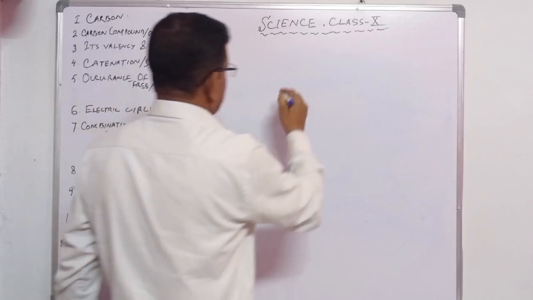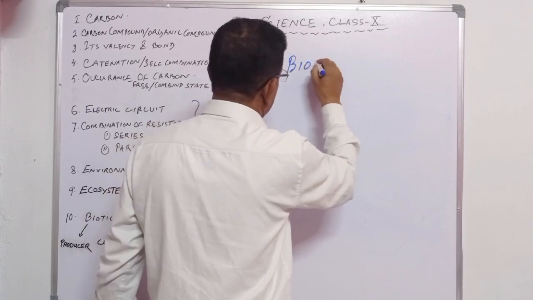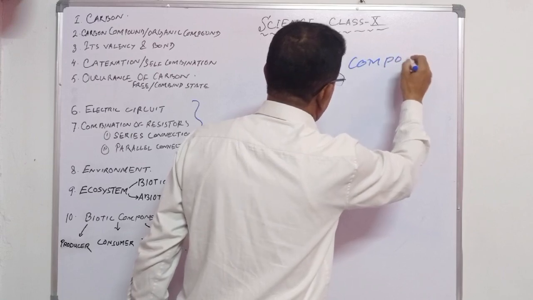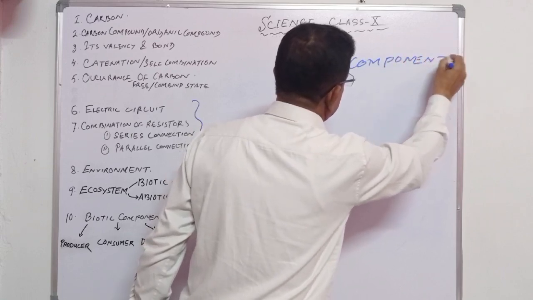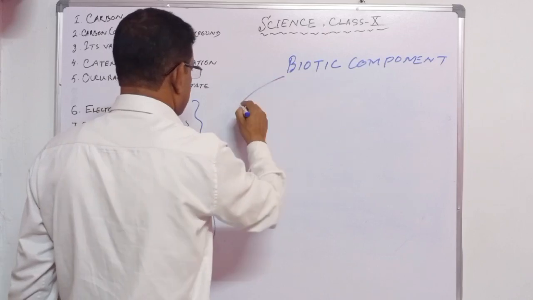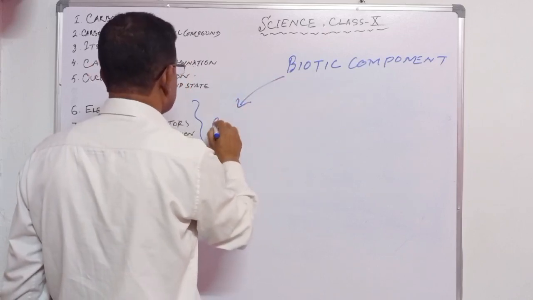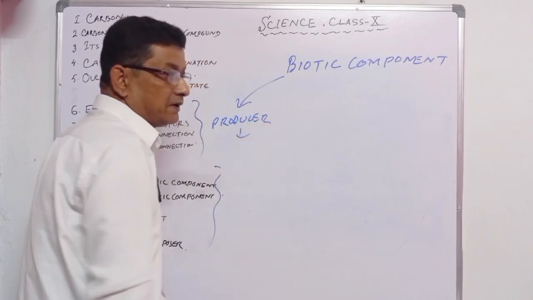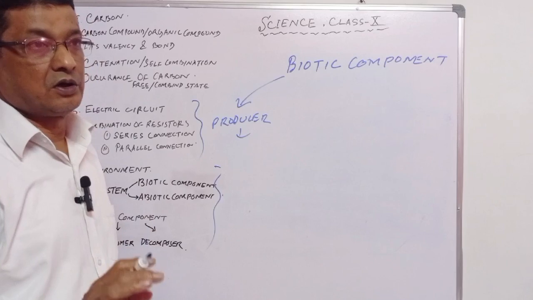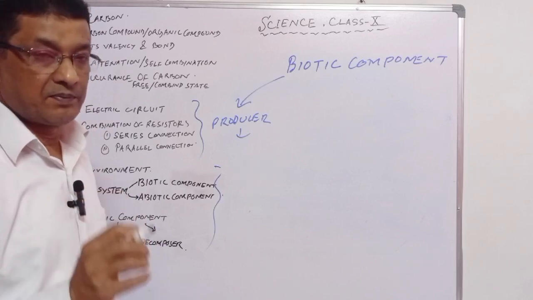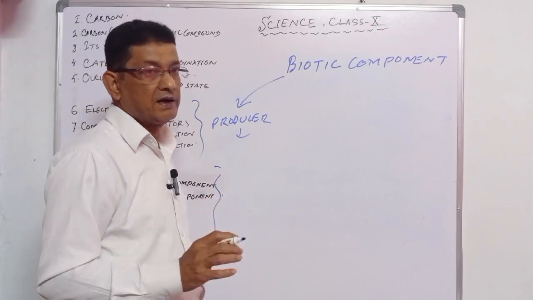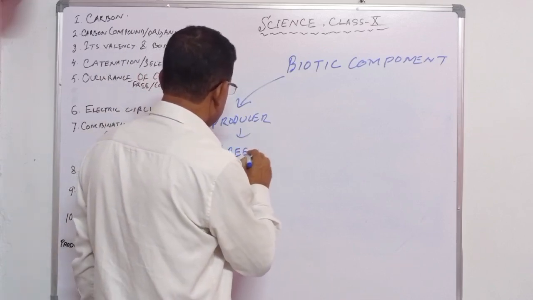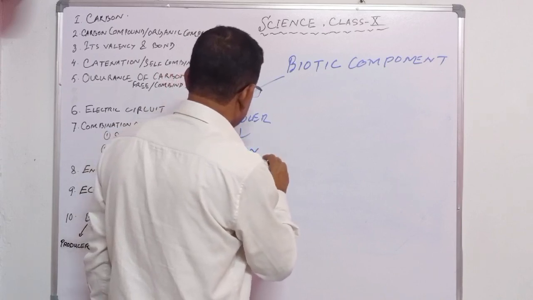So again, if we study the biotic component, we get another three classifications. The first is producer. What is a producer? Producers are those organisms or plants, green plants, which can produce their own food. So mainly they are green plants.